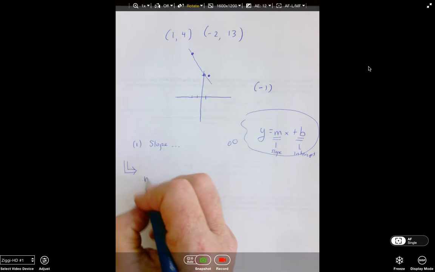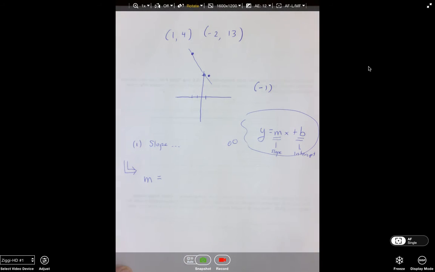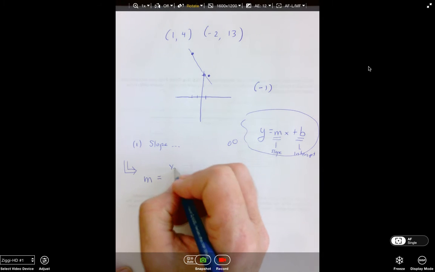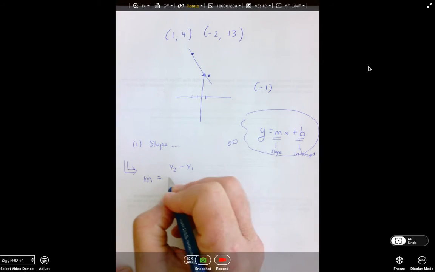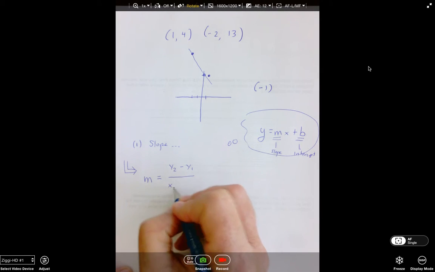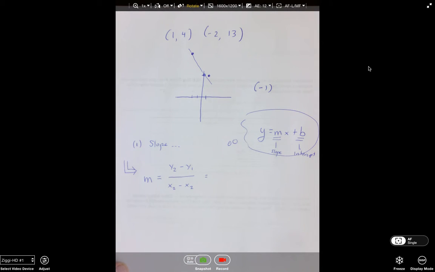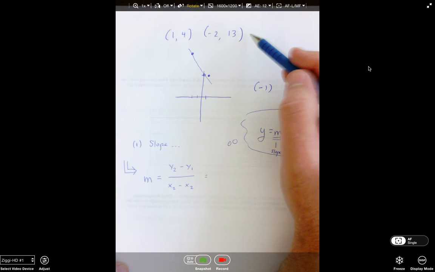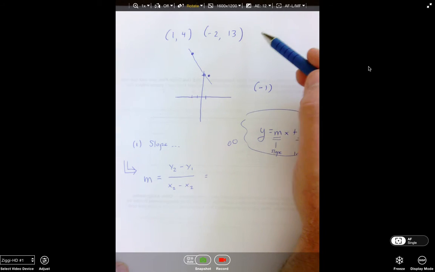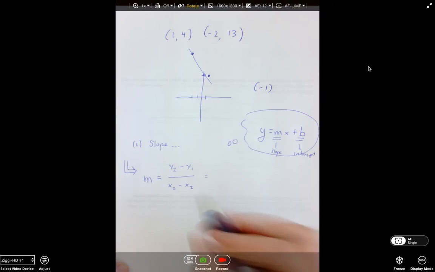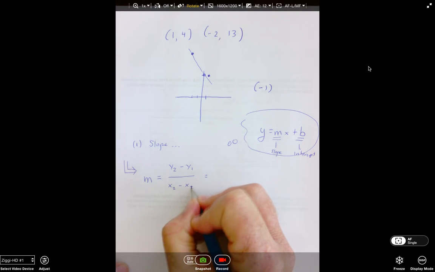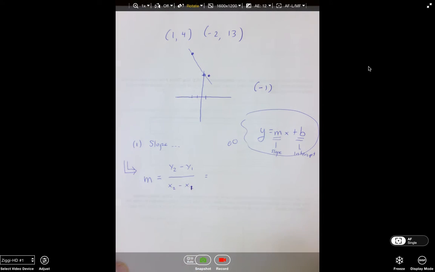And the slope formula is to take the difference in our y's over the differences in our x's. Now we've got the flexibility in these 2 ordered pairs up here, these two points, of which one we call x1 and which we call x2. Guys, I messed up there. That should be x2 minus x1. x2 minus x2 would give you 0, which would give you major problems.